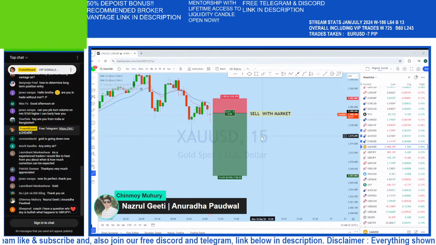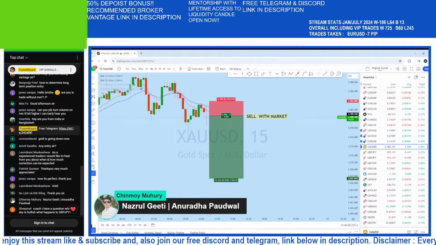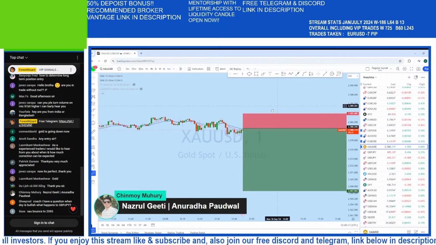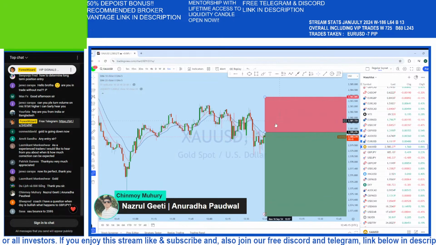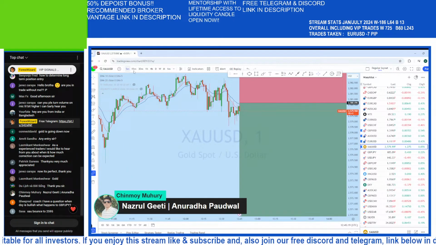Okay, here we see that doji formation. Now this doji, if you closely look, is a very narrow doji, expecting downside. I think we might see that downside movement potentially, expecting it to drop back down, holding the position for a potential drop.